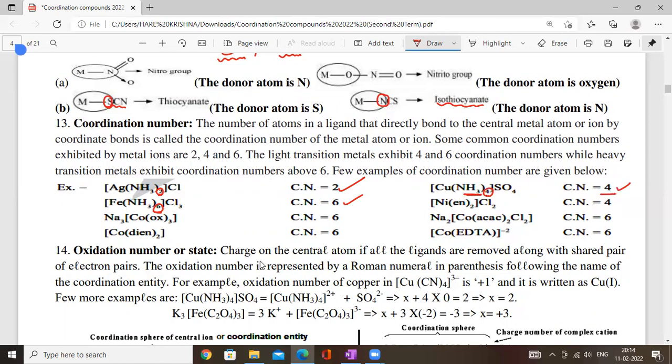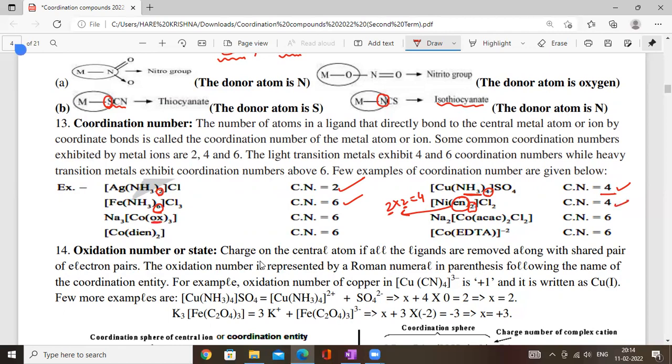But now, en is a bidentate ligand, so the coordination number is not 2. Since it is 2 into 2, because en is a bidentate ligand, it will attach from two ends, and since there are two, it becomes 4. So the coordination number will be 4.